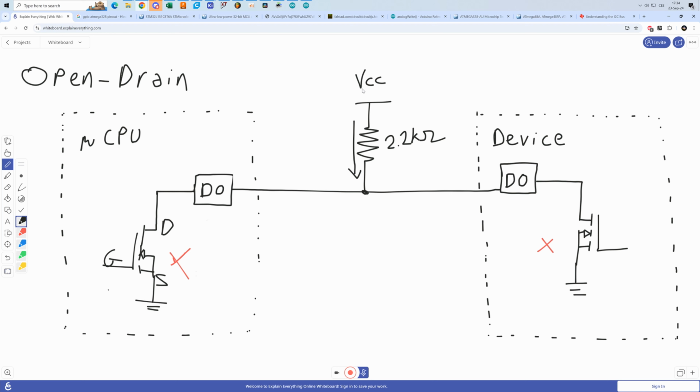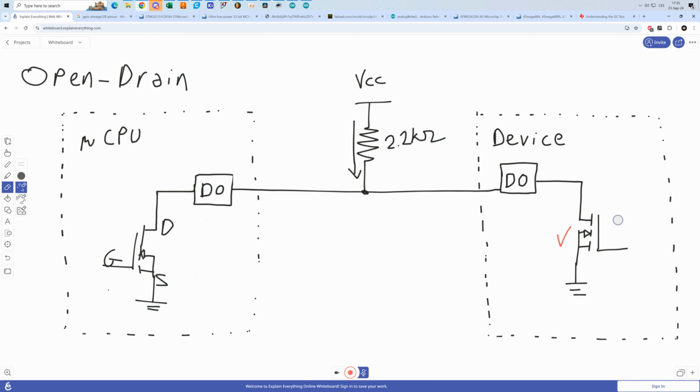So we will see supply voltage on this line, on the bus. Of course, if this other transistor turns on, then the state of the bus is again going to be pulled low. So this is a useful configuration because this couldn't be done with push-pull, right?